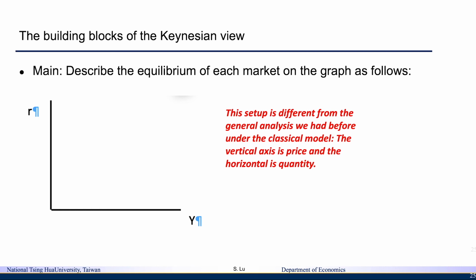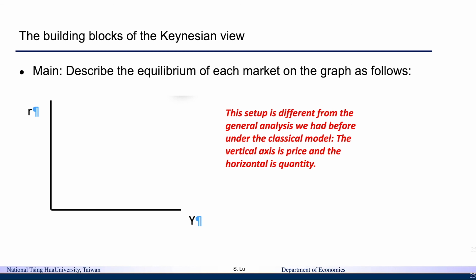We already showed that the labor market equilibrium is described by a vertical line, which we call the full employment line. The IS curve, which characterizes the goods market equilibrium, slopes downward because there exists a negative relationship between R and Y when the goods market is in equilibrium.